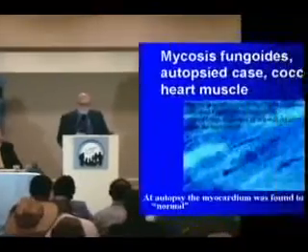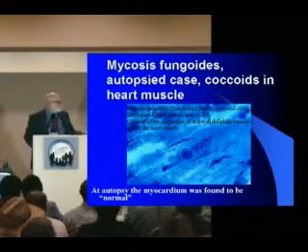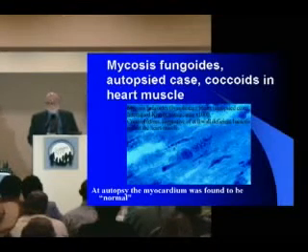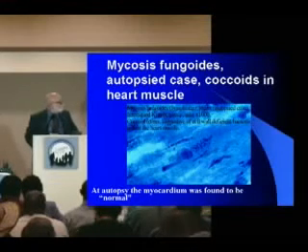One of the mycosis fungoides cases was autopsied, and here you can see these coccoid forms in the heart muscle. In this particular case, the heart was normal, but in other cases, it's not normal.